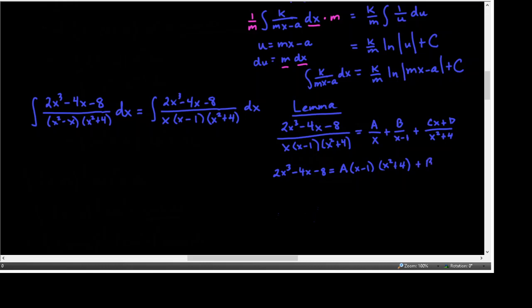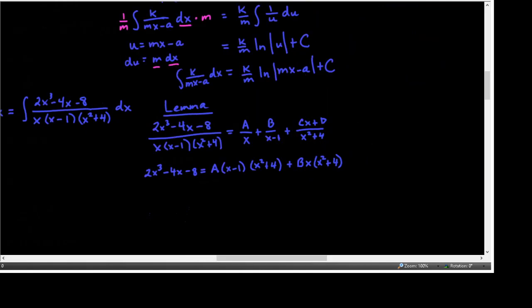Then the second fraction multiplied by those three factors, the x minus 1 will cancel, leaving b times x squared plus 4. Plus, then those three factors multiplied by the third fraction leaves cx plus d. The x squared plus 4 does cancel, leaving the x and the x minus 1.